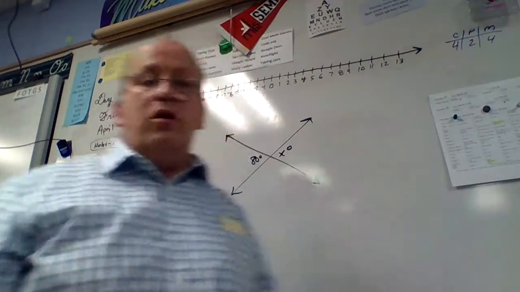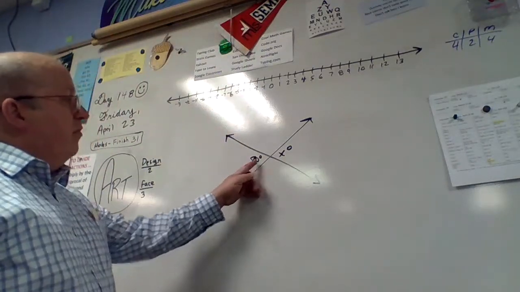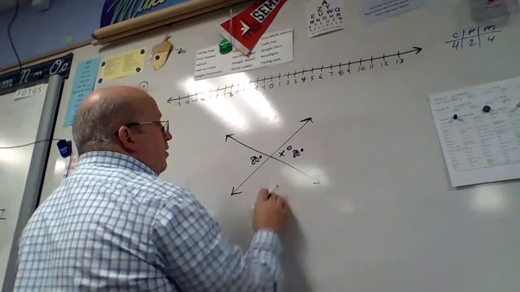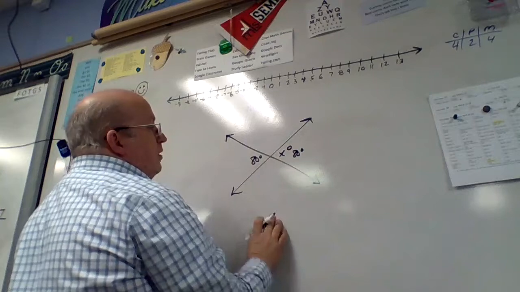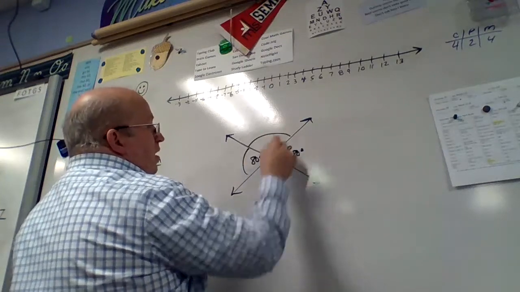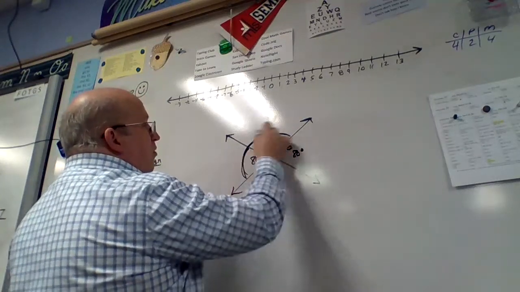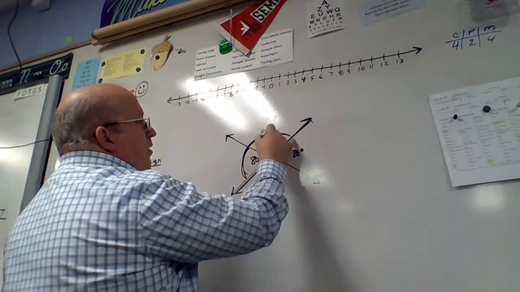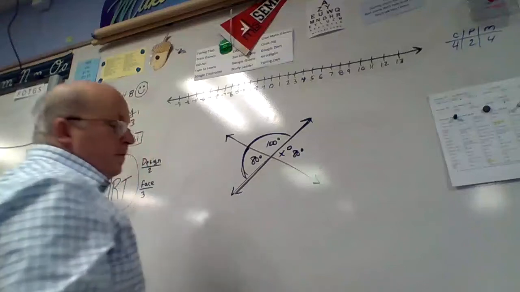And in this particular case, since this is 80, then this also has to be 80. Now, just for the fun of it, could we figure out these two as well? Sure. If this is 80, then these two angles have to equal a straight line, don't they? And so that would make this 100 degrees.